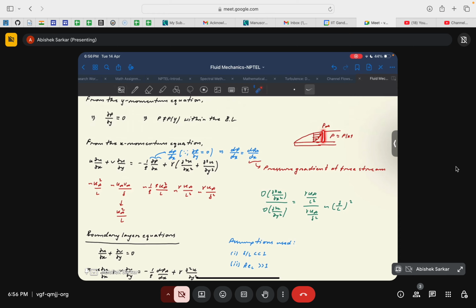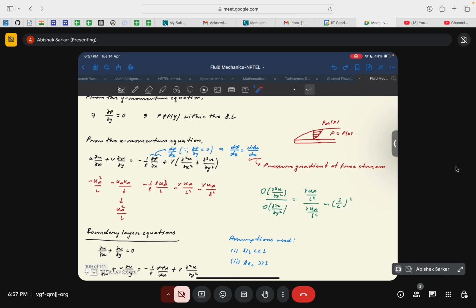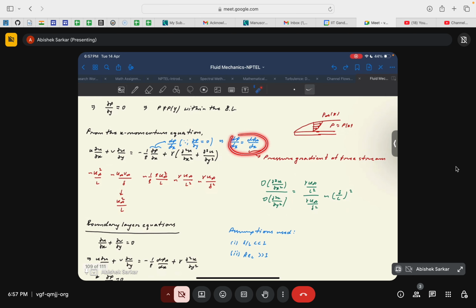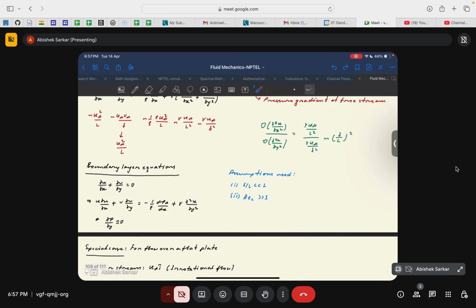So for a particular location, we can simply write, and of course P infinity is ideally also a function of x. So since pressure does not vary with y, we can just replace P with P infinity, and we can write dp by dx as dP infinity by dx.